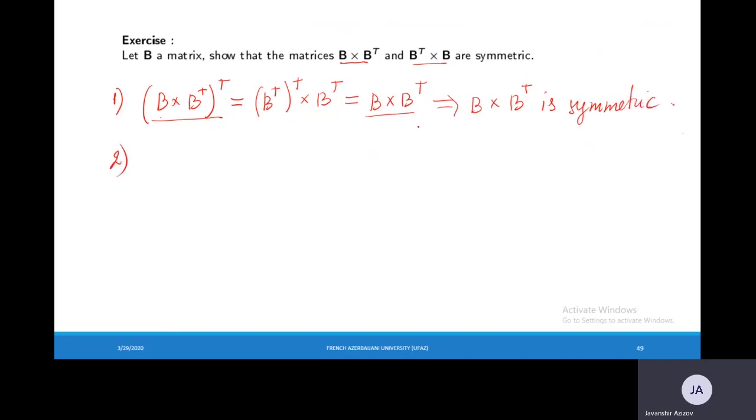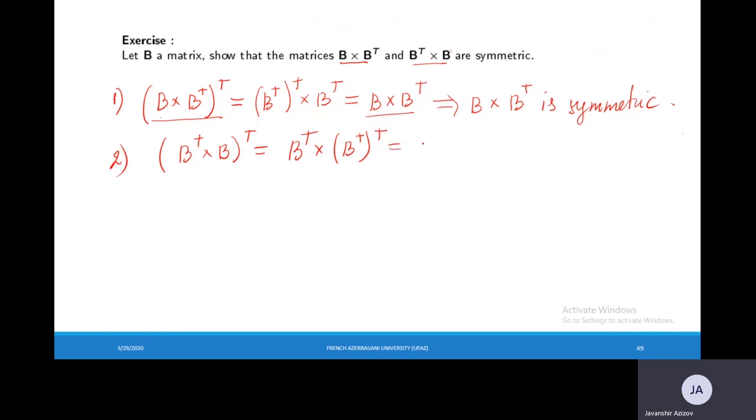Second one. Let's find the transpose of this expression. By the properties of transposition, this expression will be this. The transpose of B times this one.